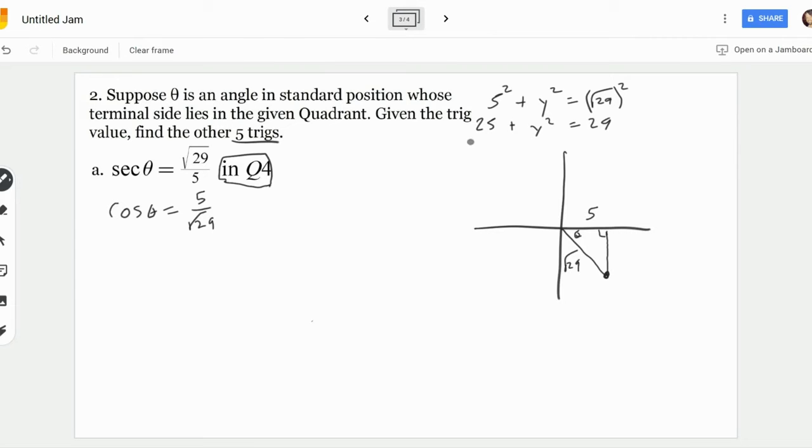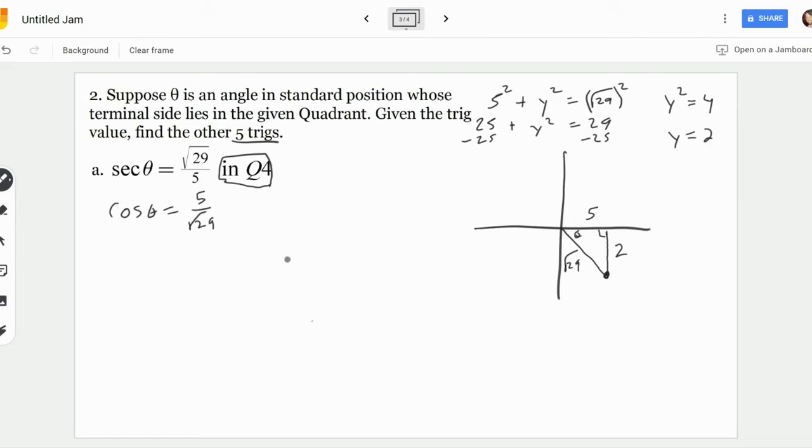Doing some basic algebra, you get 25 to the other side, because we're solving for y squared. And y squared is 4, so y is 2. Okay. We know that this side is, oh, not 5, it's 2. So this is 2.